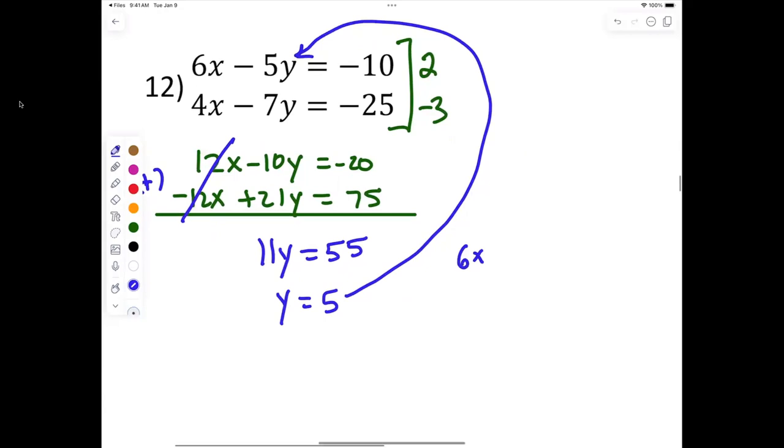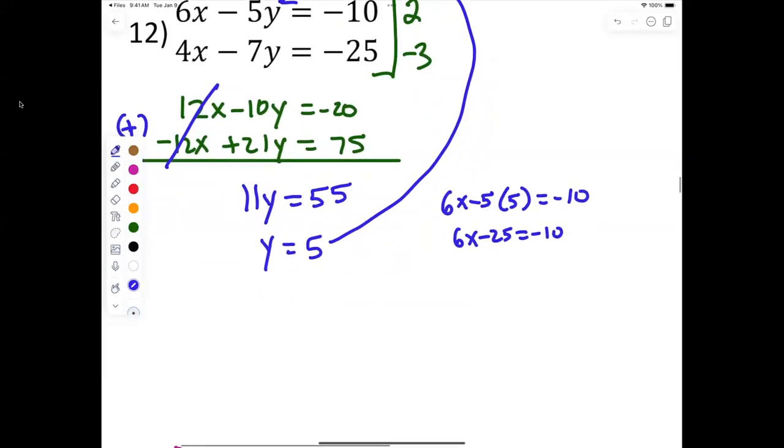So now I have 6x minus 5 times 5 equals -10. 6x plus 25, that'd be -25, equals -10.